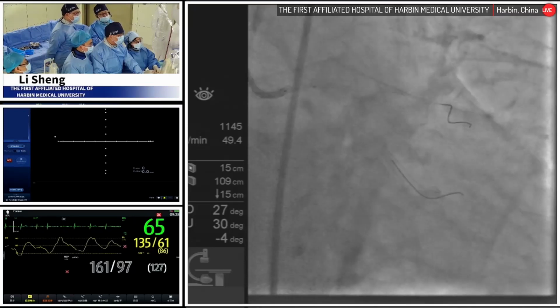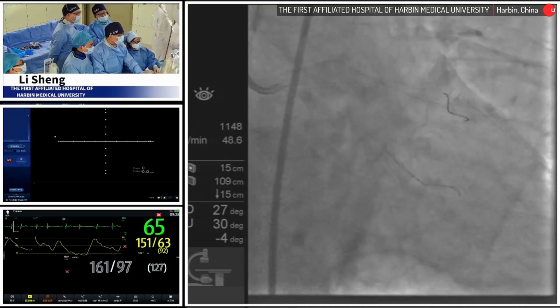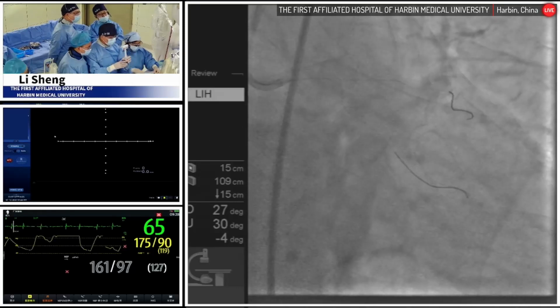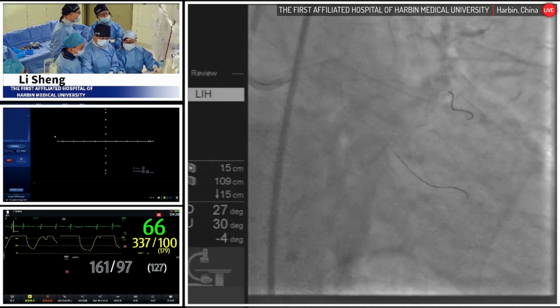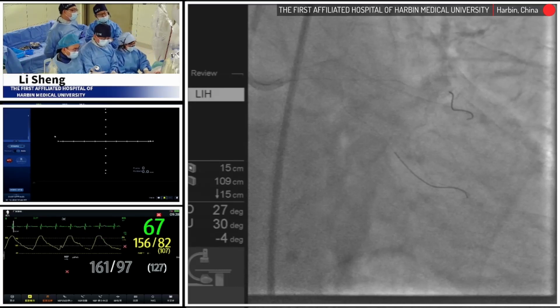We all know the nominal pressure of the cutting balloon is 6 atm, and we usually use 12 atm. IVUS tests may have a better outcome.